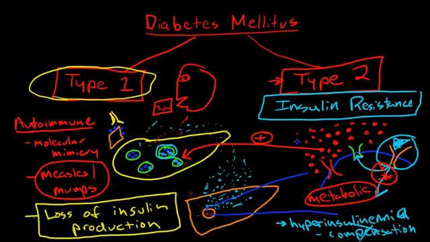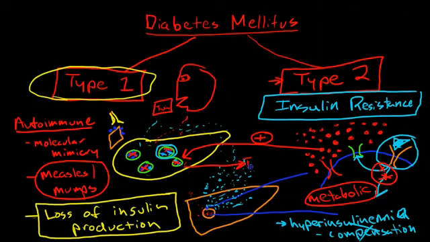We'll continue to have higher and higher levels of glucose. That will continue to put pressure on the beta cells, and eventually all of the beta cells will die off, and you'll have a type 2 diabetic who has now become insulin dependent.